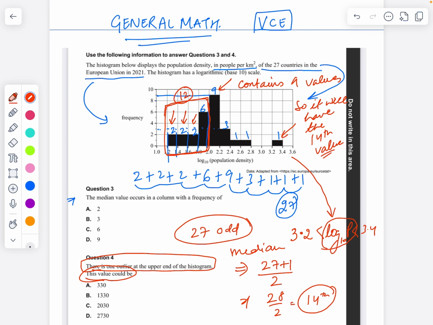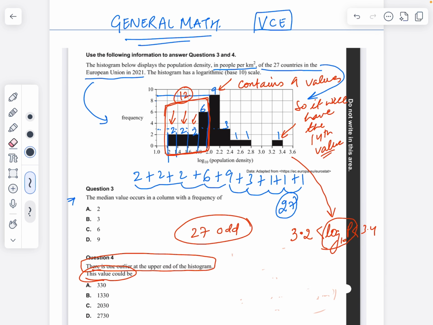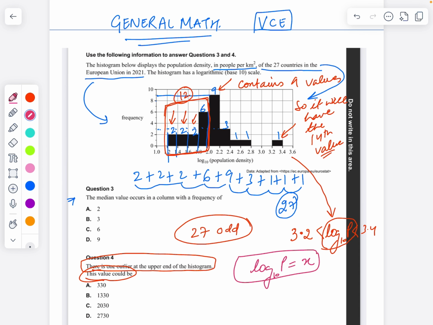Now let me just do that for you. We know that log base 10 of p, let's say, is equal to x. So 10 to the power of x is going to be the value of p.